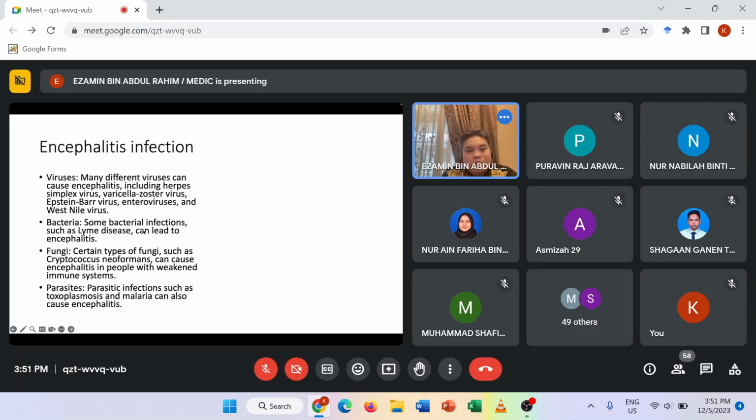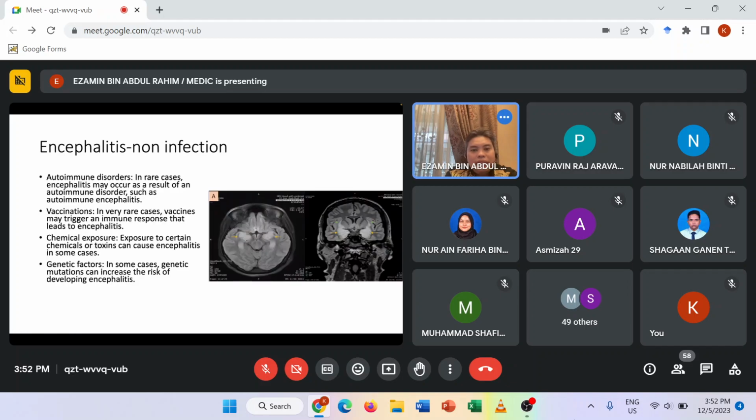Bacteria can, but so far Lyme disease I have never seen. Okay. Cryptococcus neoformans usually does not become encephalitis, but most of the time it is because of this. And also toxoplasmosis. Toxoplasmosis and malaria. Okay.